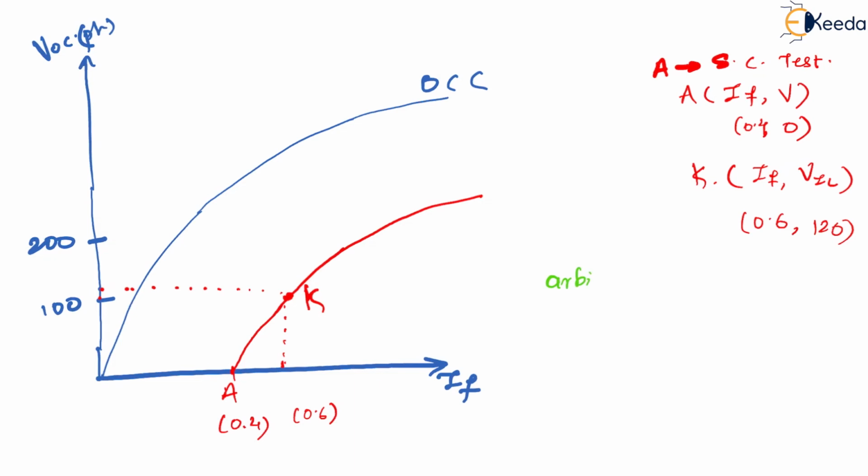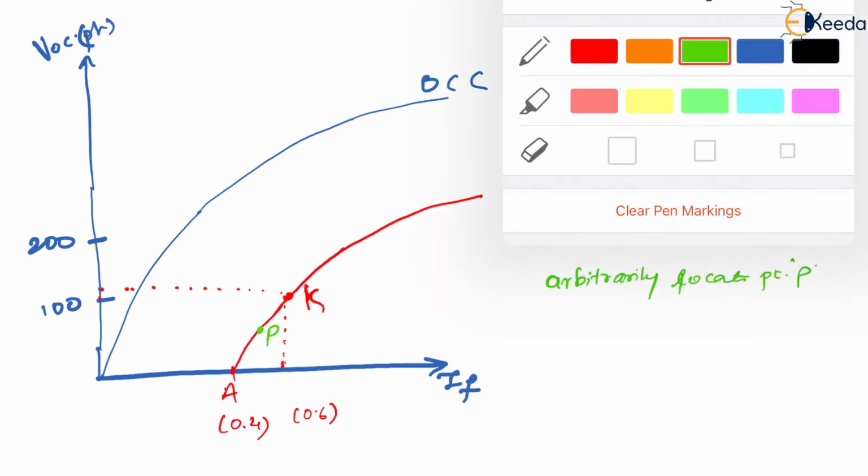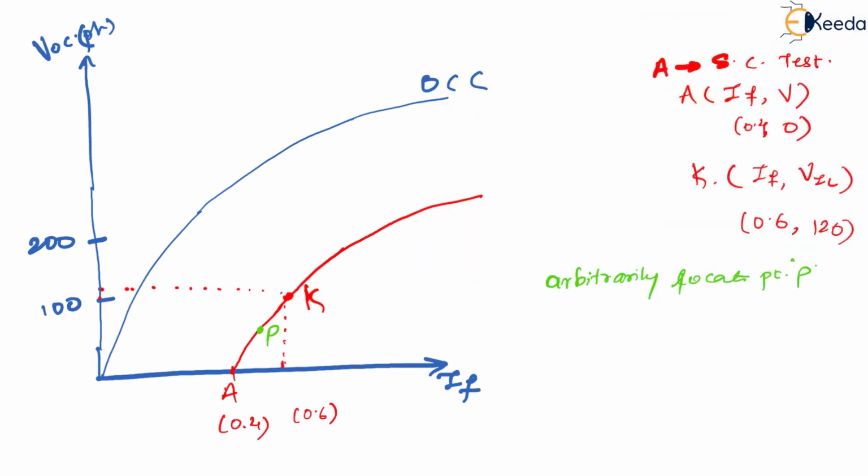Arbitrarily locate point P. Some point P, you please locate. So for example, if I locate the point P here somewhere, now you need to have a segment PX. Before that let me write down, this is origin O, okay?